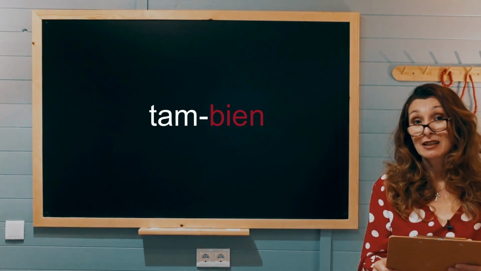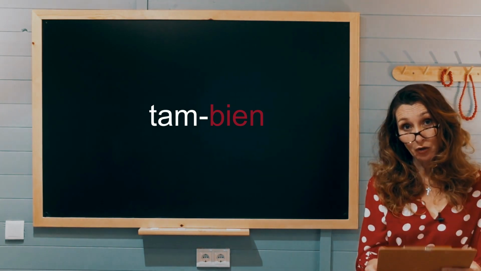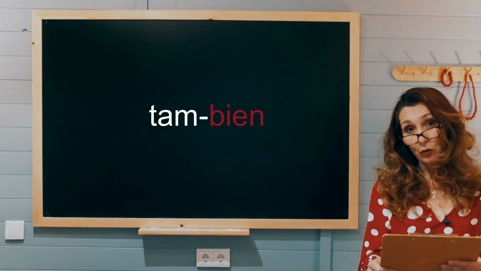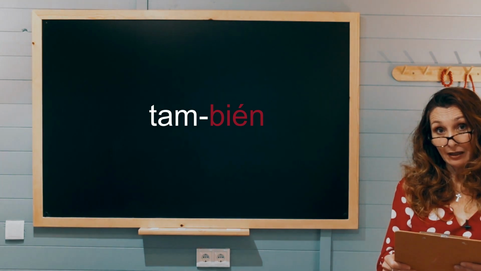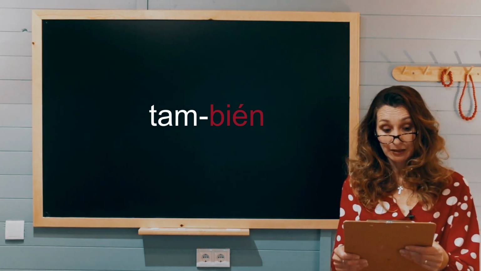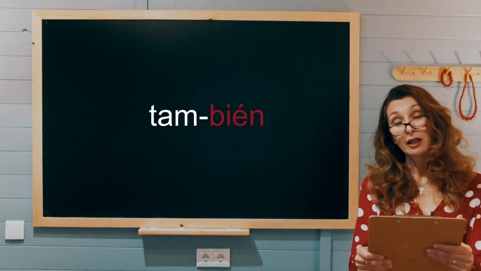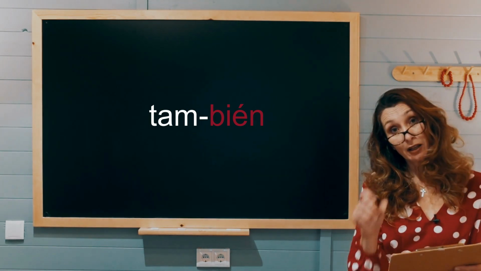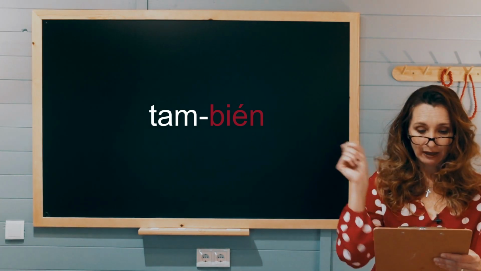However, it's bién. Bien, the last syllable, is the stronger one here. So we need to put a tilde on the e here, okay? Normally, we would expect the accent to fall on the penultimate syllable, but it's really on the last one. So the last syllable, the e, has to have a tilde.